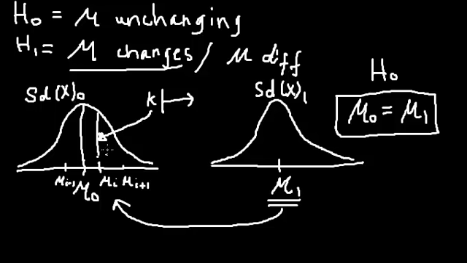So from that, if we check the probability of mu I, and it corresponds to what its probability should be according to the x naught distribution, then we would surely know that mu I belongs to that distribution.